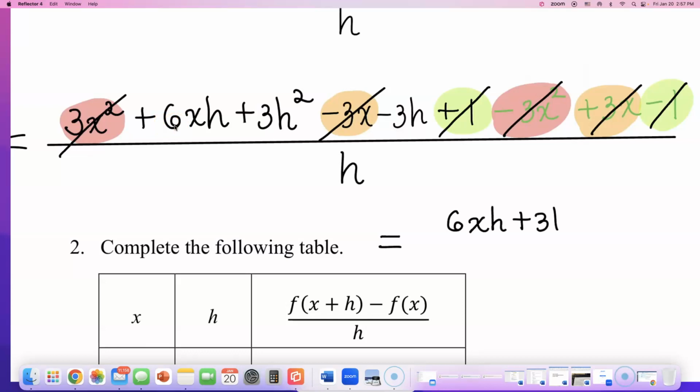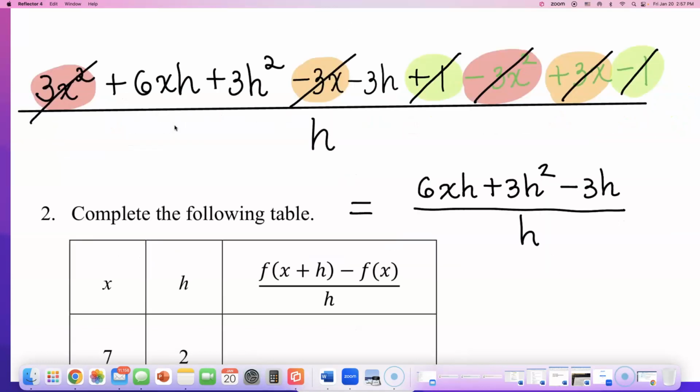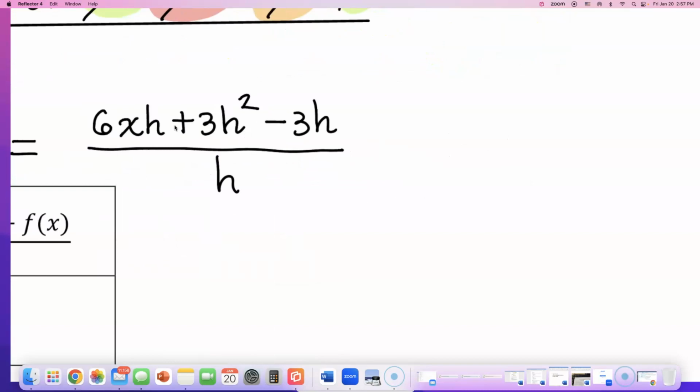plus 3h squared minus 3h all over h. If you notice, all three terms on top have h, so I'll cancel these h's out. The first term will become 6x plus, the next one used to be 3h squared, if I divide by h, this will turn into 3h.